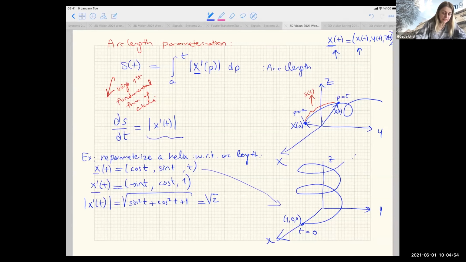And now, because I know my s of t, remember s, the arc length, was from 0 to t. Let's say t was in 0, 1. Let's write our arc length formulation. It's the integral until some arbitrary t, right? Because I'm trying to measure the arc length of the curve until that point t.